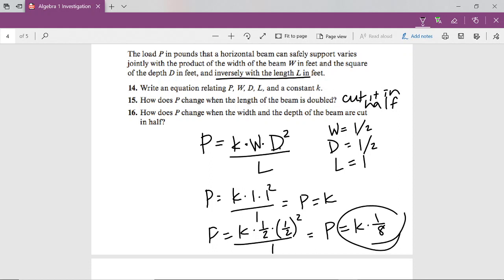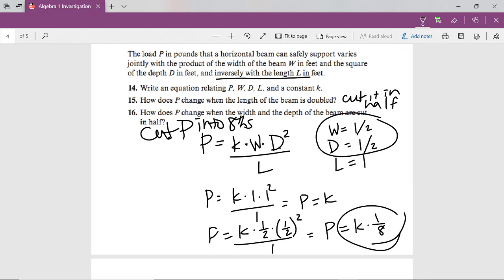So just like with direct variation, if I decrease those joint variables, then I decrease how much it can hold in the same way. So in this case, if we cut the depth of the beam and the width of the beam in half, we cut the pounds into eighths.